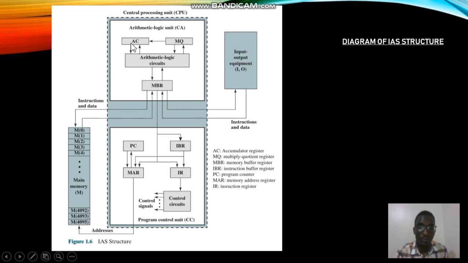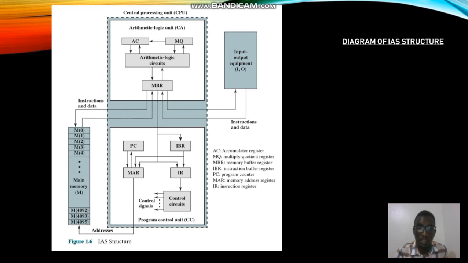Now, data started from the accumulator register. The accumulator register then went on to the arithmetic logic unit, which continued to the memory buffer register.